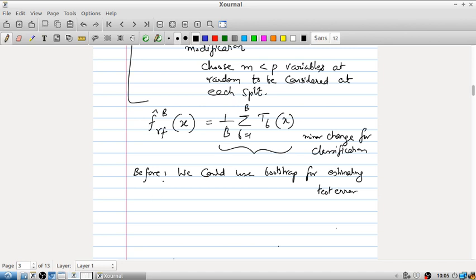Specifically for random forest or bagging, they have bootstrap samples, so we can also do the same. And in fact, I'm just going to recap what we suggested before.